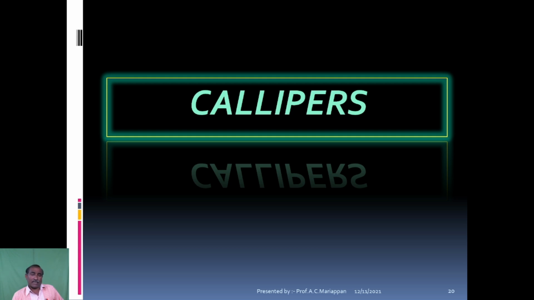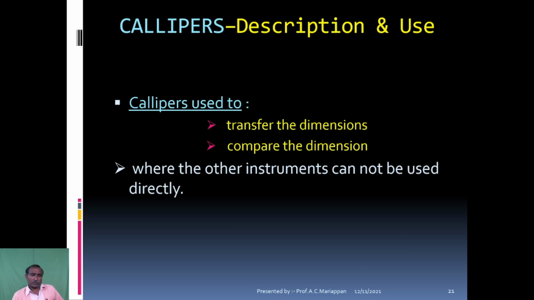And the next tool is calipers. The main function of calipers is to transfer and compare dimensions. Where other instruments cannot be used directly, we can use calipers. Calipers is nothing but two legs with sharp edges.